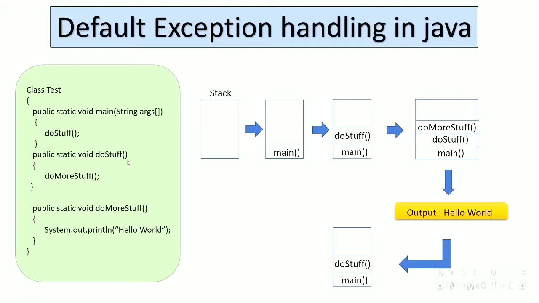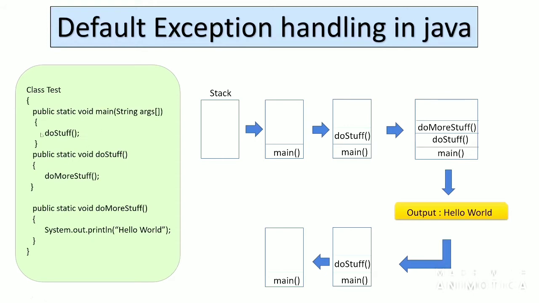In the doStuff method, as there is no other statement to be executed, the control goes out of the method and passes to the caller. So the doStuff method will be removed from the stack. Now the control comes to the main method. In the main method, we don't have any other statement to be executed.